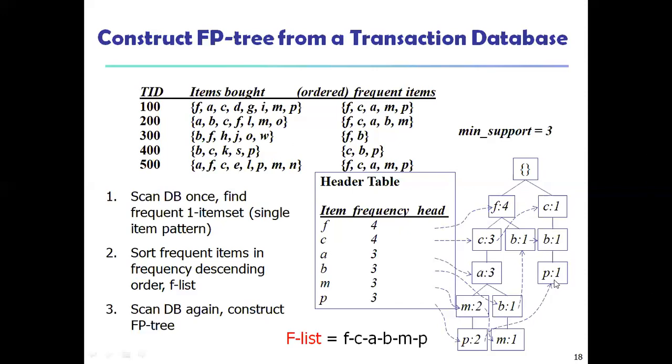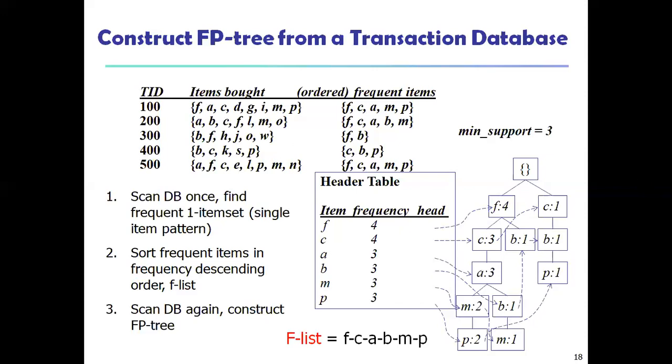I will repeat once again. You see, this is the FP tree. So how many transactions are there? 5 transactions are there: T1, T2, T3, T4 and T5. The transaction IDs have been given as 100, 200, 300, 400 and 500.